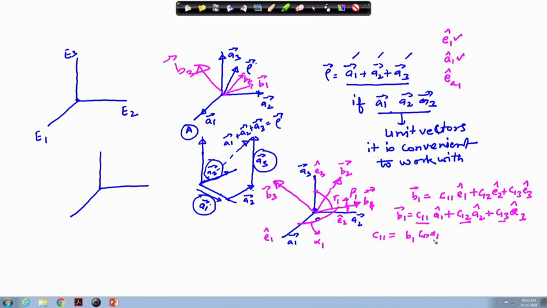So, B 1 cos alpha 1 times E 1 cap plus B 1 cos beta 1 times E 2 cap plus B 1 cos gamma 1 times E 3 cap. You can see what this C 1 1, C 1 2 and C 1 3 represent in this vector.